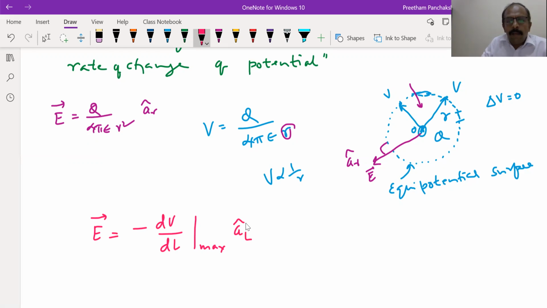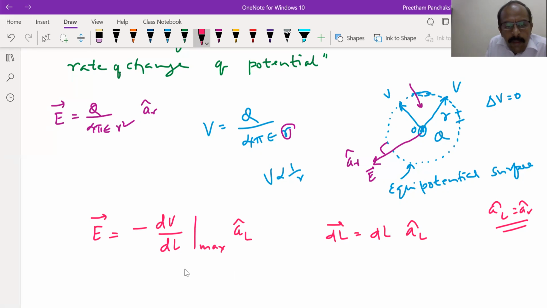I would like to write a cap L. So a cap L is the unit vector pointing along dl. So the dl vector, the distance vector, can be expanded as dl into a cap L. So a cap L is the direction of the path over which the charge is moving, or the path over which the maximum potential change is occurring. So in the point charge case, a cap L is a cap R, the radial one. So this changes according to the charge distribution.